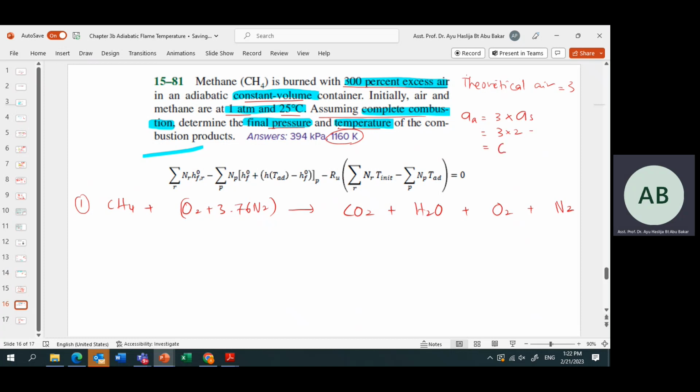Your A actual is 6. Now here is 6. So CO2, 1. H2O, 2. O2, this one you need to do the balance. Okay, for the B you need to do the balance. What is your O2 produced? N2 over here is 3.76 multiplied by 6.